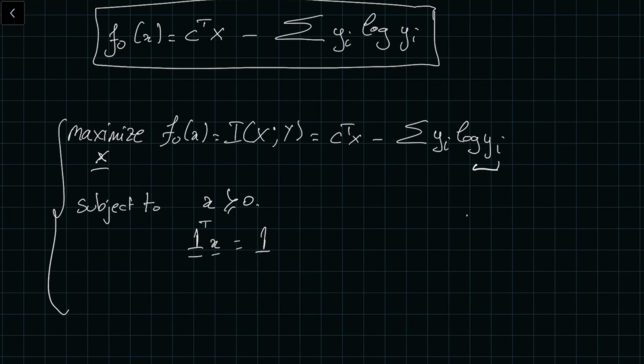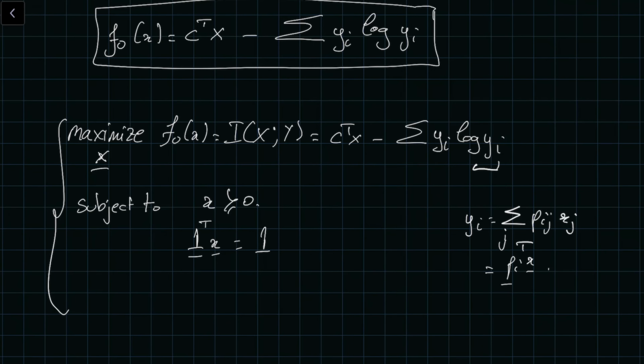So we had said that yi is the summation over j of pij xj, which is, like we're saying, pi transpose x, where pi is a certain vector.